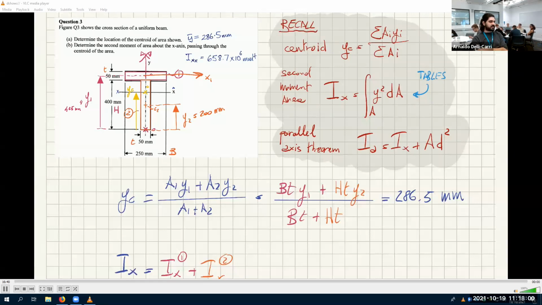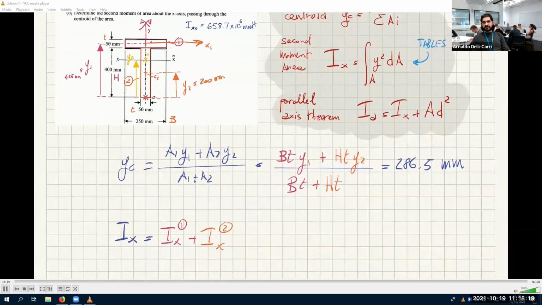You'll find them in tables, and I'm sure that Said showed you some tables with these already solved. So if you can divide your complex area into simpler areas of which you already know the second moment of area, that's good because we can just sum them up. Problem is, we can't really sum them up because they don't refer to the same axis.